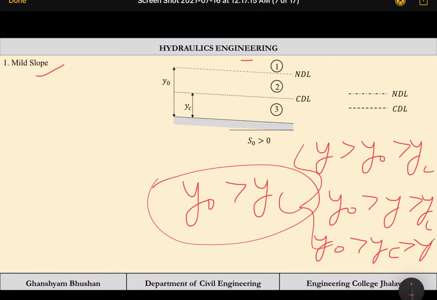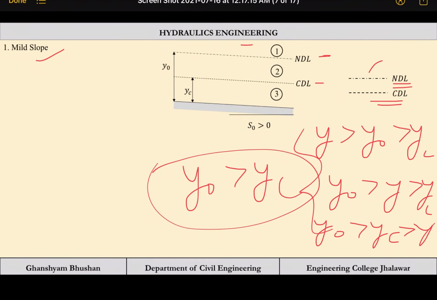In this way you have to check the value of dy by dx, and only then can we plot the profiles. NDL means normal depth line, CDL means critical depth line. These are the legends you can use. A broken line is CDL, and a double broken line is NDL. In this way you can see the various profiles which are possible for mild slope.